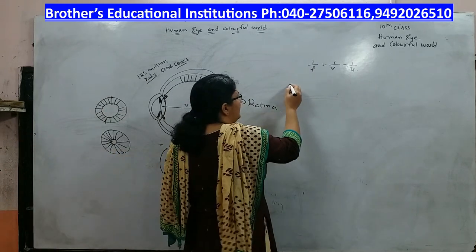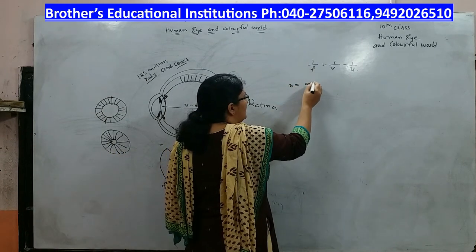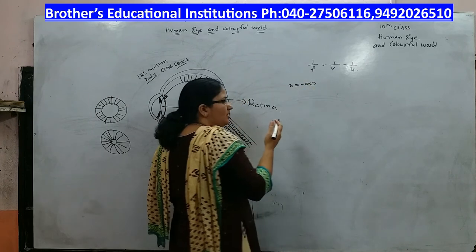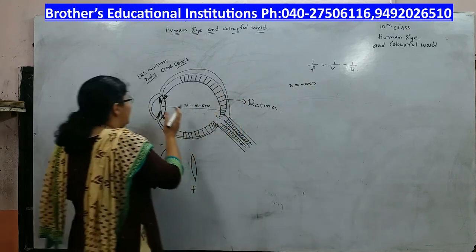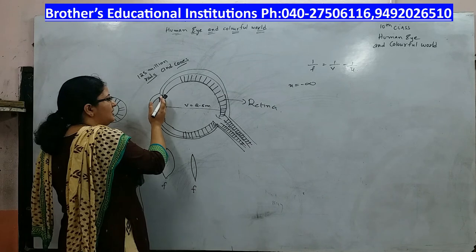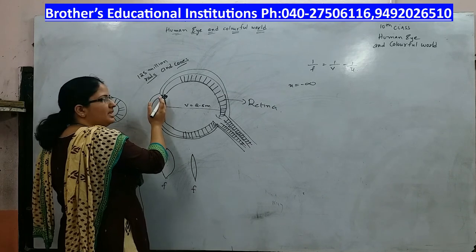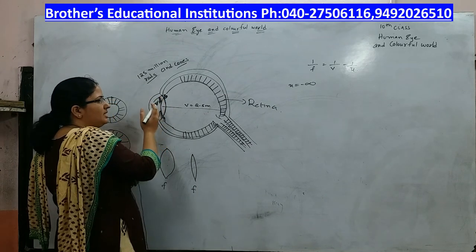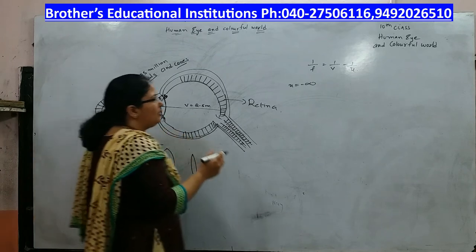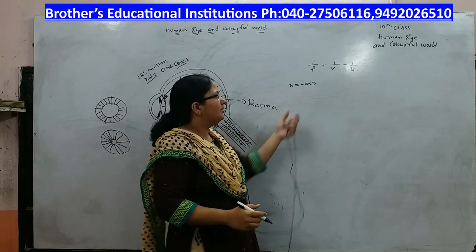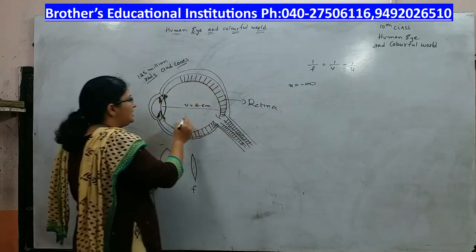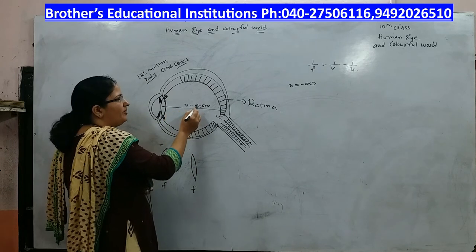When the object is at infinity, u can be taken as minus infinity, because you are measuring the distance from the optic center of the convex lens of the eye towards the left. So you have to take a minus sign here. And what is the image distance? The image distance is always 2.5.